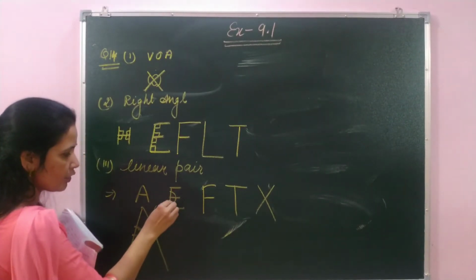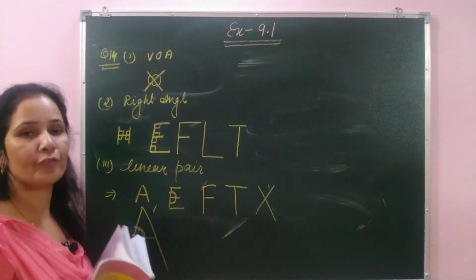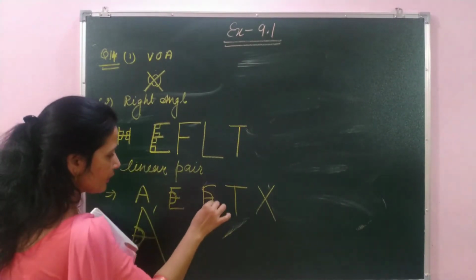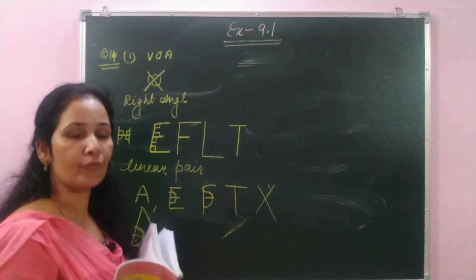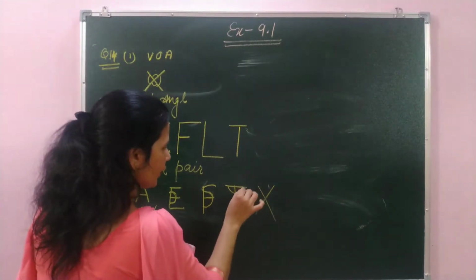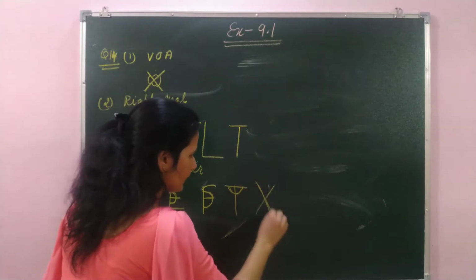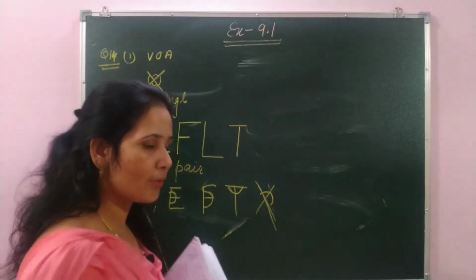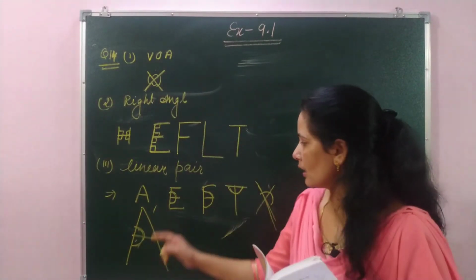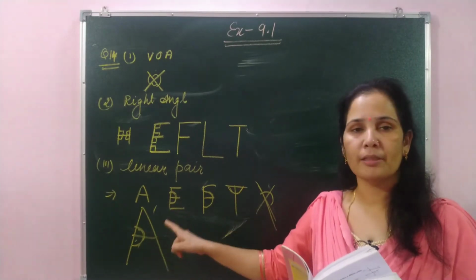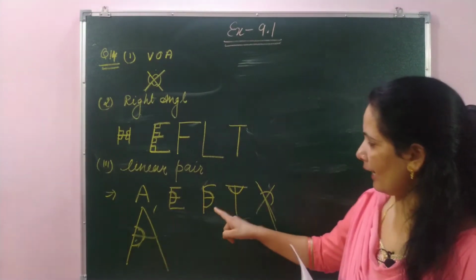In E, these two angles show a linear pair. In F, these two angles show a linear pair. In T, these two angles show a linear pair. In X, these two angles. So students, these alphabets show pairs of linear pair angles.